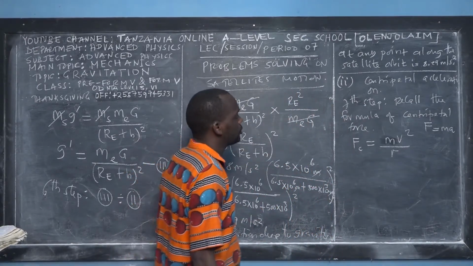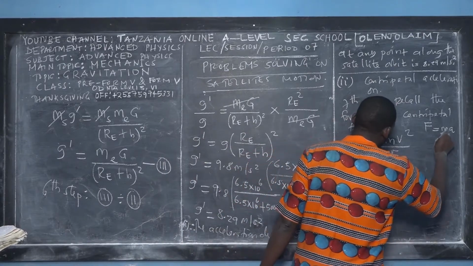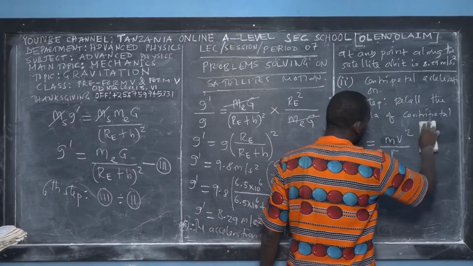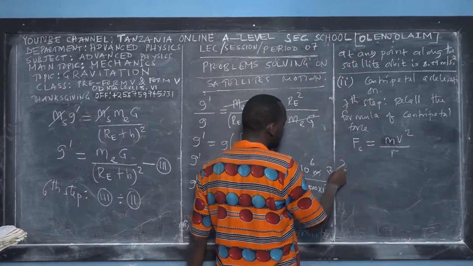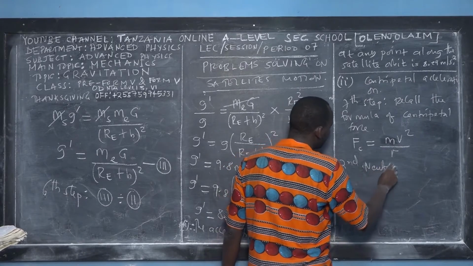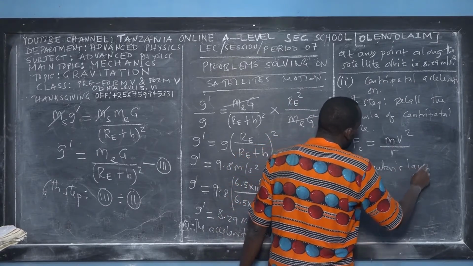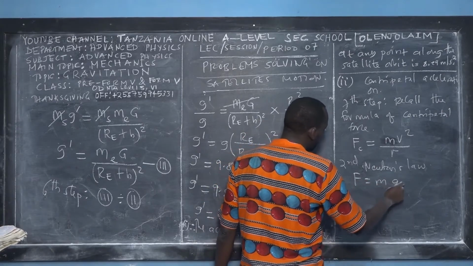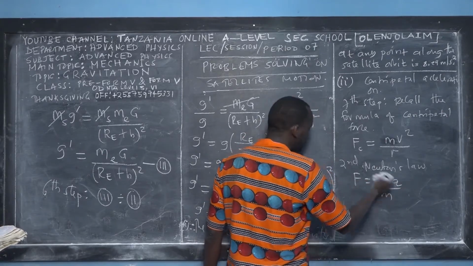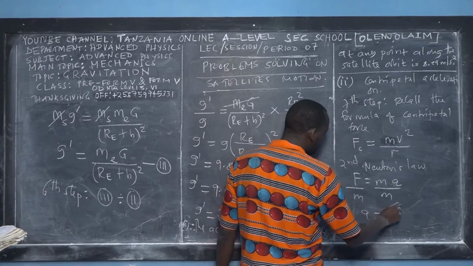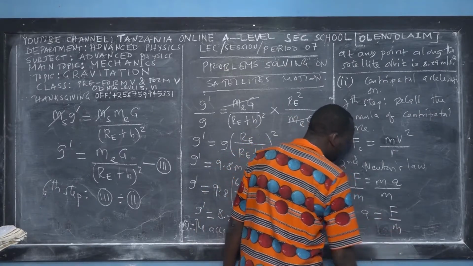Okay. In case you want to get acceleration from Newton's second law, right? According to the second Newton's law, force is equal to mass times acceleration. If you want to make acceleration the subject, then you have to divide by mass. So acceleration is equal to force over mass.